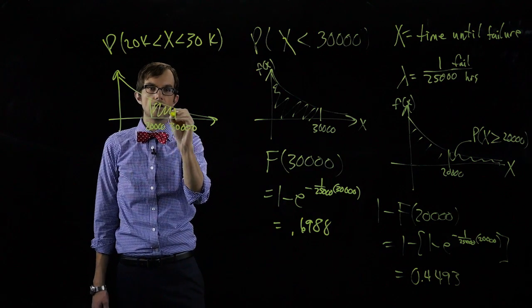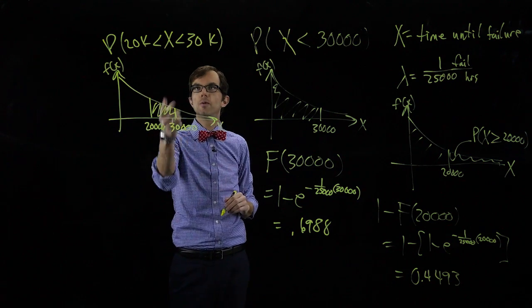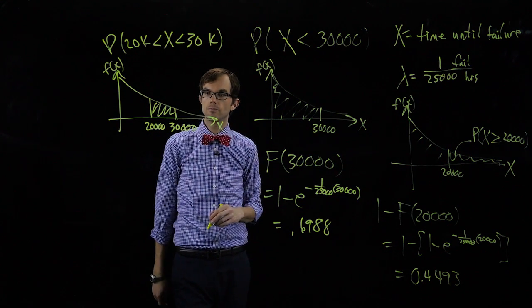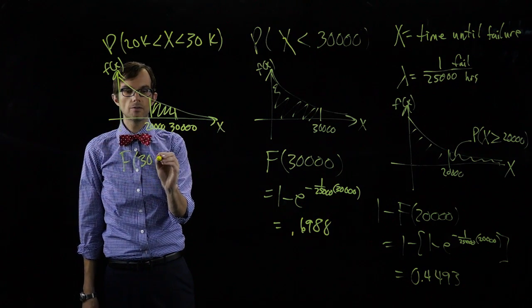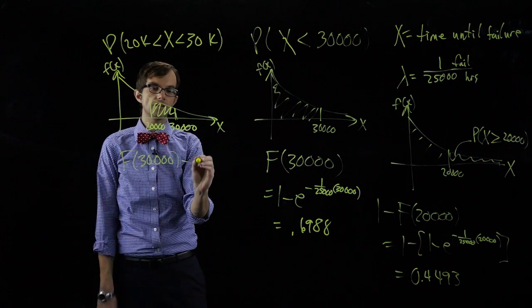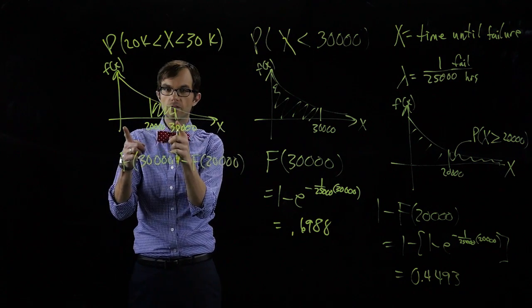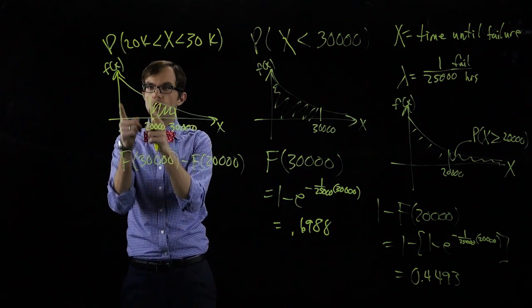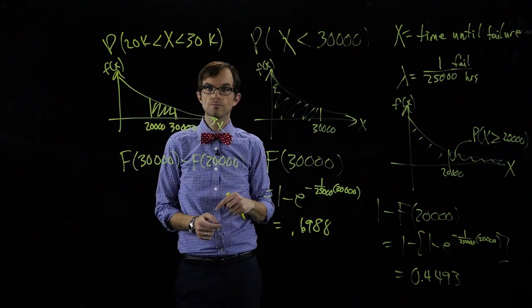That area right here gives us the probability that x is between 20,000 and 30,000 hours. That would be capital F of 30,000 minus capital F of 20,000. This cumulative probability here minus this cumulative probability here gives us what's left over.